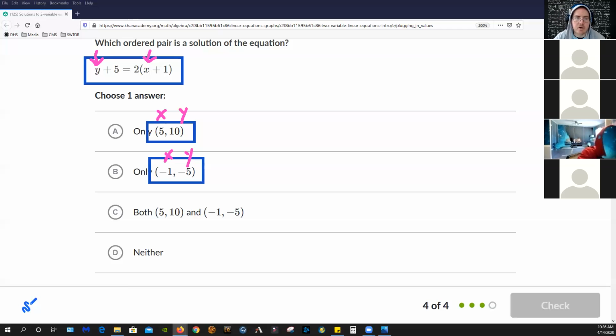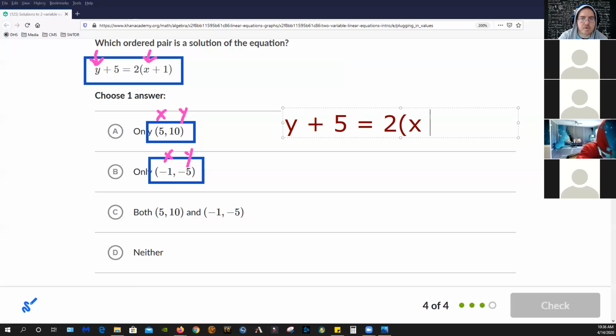Okay, here we go. So I'm going to start by, on my own paper, writing out the equation, which is y plus 5 equals 2 parentheses x plus 1 end parentheses.